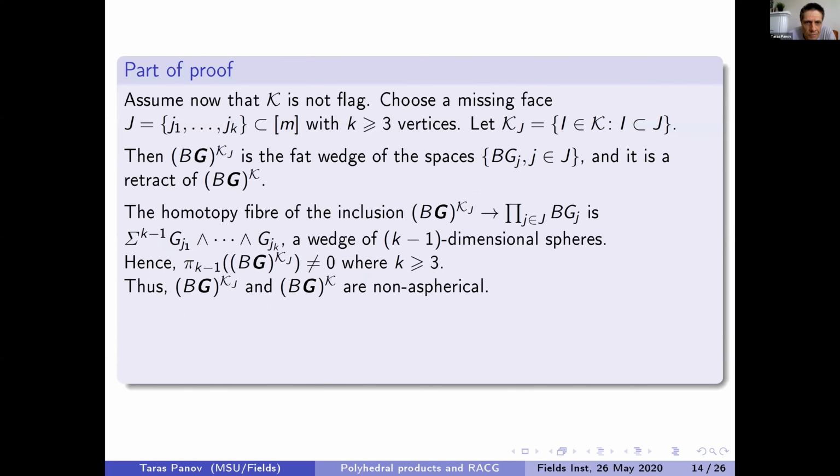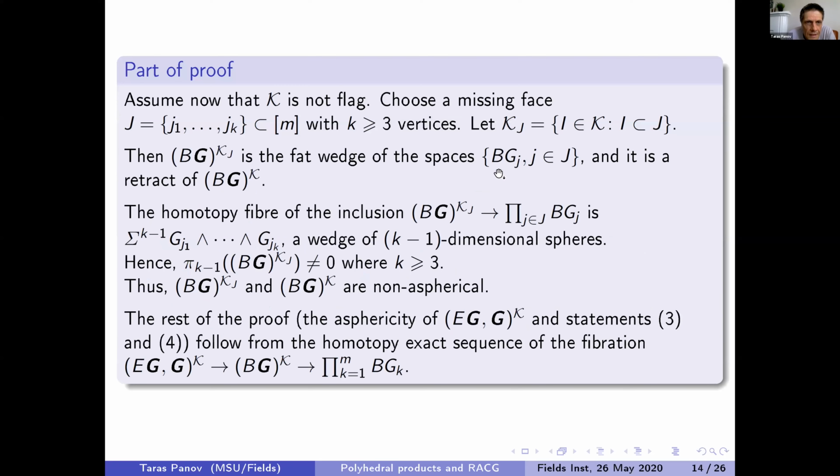If K is not flag, then you can pick a subcomplex corresponding to a minimal non-face. The property of the polyhedral product tells you that it's a retract of the whole thing, a fat wedge of those spaces, and a retract of the whole gadget.